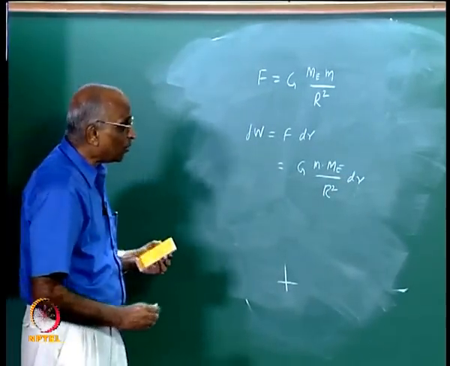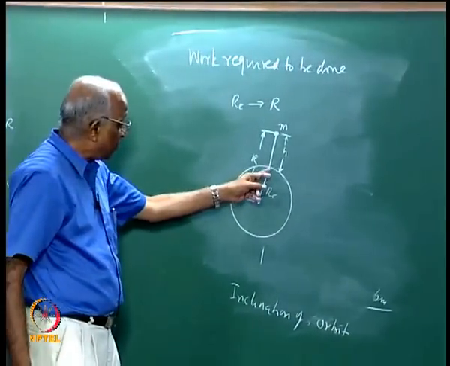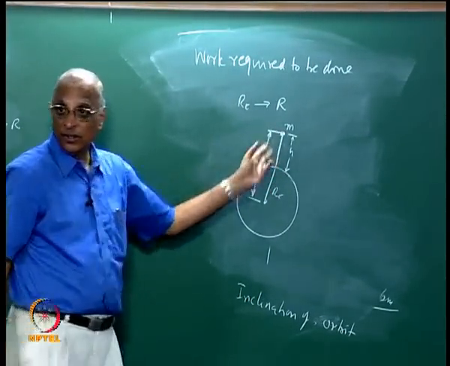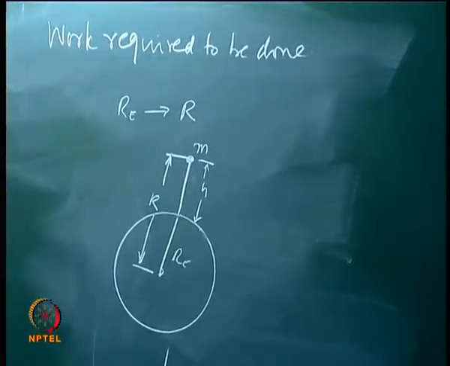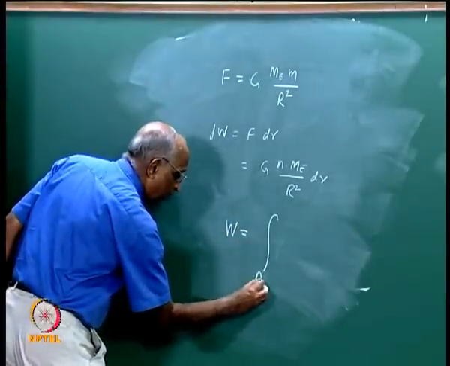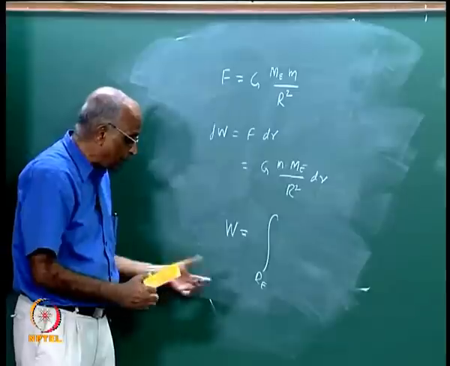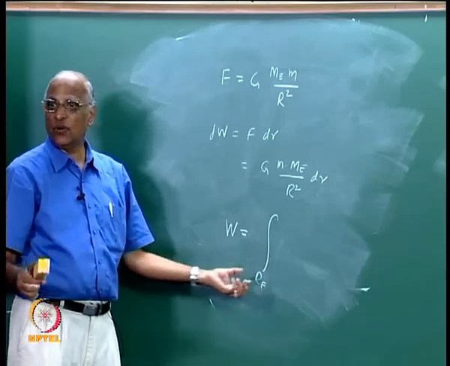And what is the work required as I go from the surface of the earth having radius Re to a height r? I just have to integrate to get the total work required, which is the integral from the surface of the earth. But mind you, let me qualify again and again, I am illustrating with respect to the earth. I could have done all these things for anybody.